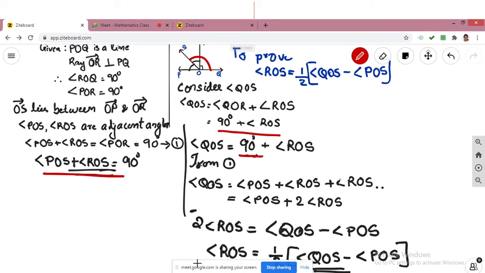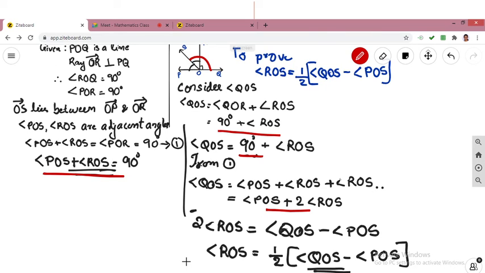So, then what did I get? Angle QOS is equal to angle POS plus 2 angle ROS, right? So, then I took angle POS to the other side. So, I got 2 angle ROS is equal to angle QOS minus angle POS, and then I got that angle ROS is equal to half of angle QOS minus POS.